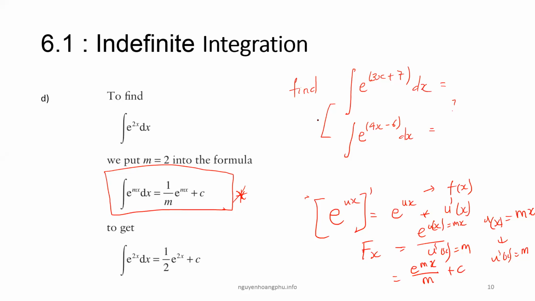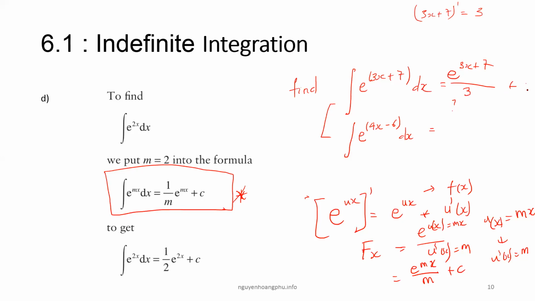Okay, guys. We continue our lesson. So here, try to find the integral of e^(3x+7) and e^(4x-6). Here you will have e^(3x+7), and the derivative of 3x plus 7 is equal to 3.